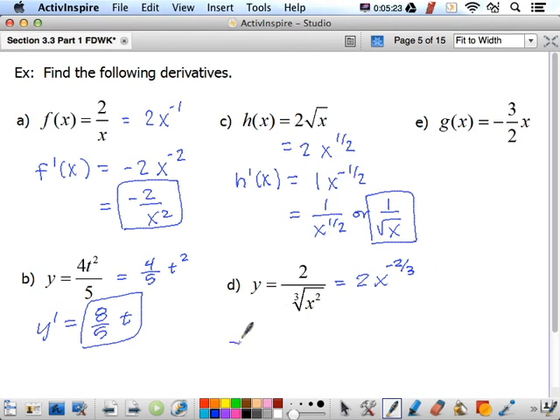Then we take y prime. That will give us negative 2/3 times positive 2 is negative 4/3. Subtract 1 from the power. Negative 2/3 minus 1 is negative 5/3. And then you simply clean it up from there. You drop the x back into the denominator, and that gives you negative 4 over 3x to the 5/3.